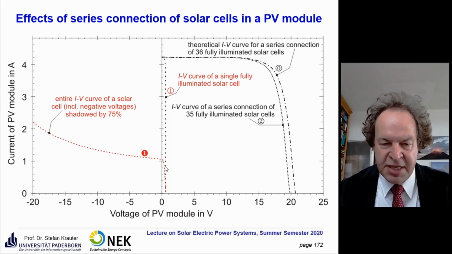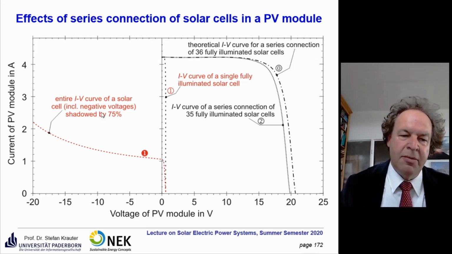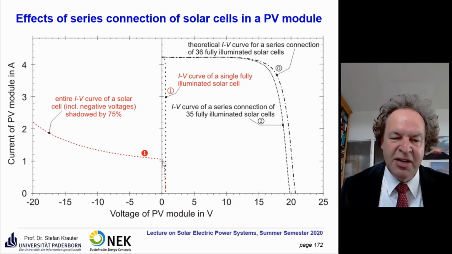Let's just take a look at the IV curve. You see the voltage stays the same, but the current is drastically reduced according to the reduced irradiance level, which is reduced by 75%. So you only have a remaining 25% of the initial current.